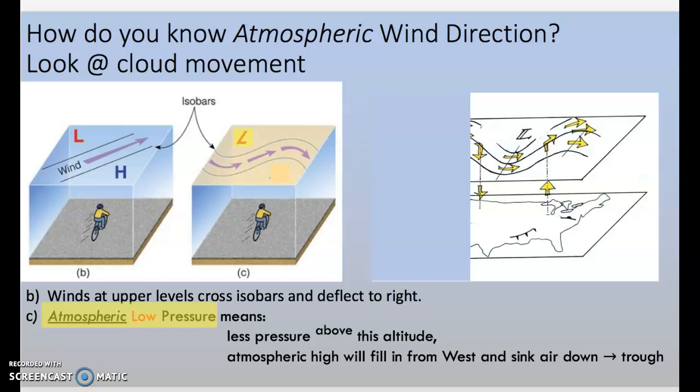And you know that the low pressure system atmospherically means there's less pressure above that altitude, meaning that it's susceptible to getting an atmospheric high to fill in from the west and dump air molecules into that atmospheric low. Dumping air molecules into that atmospheric low means that you increase the density and cause sinking. And in causing sinking, you're causing that low cold trough. You're causing that sinking air.